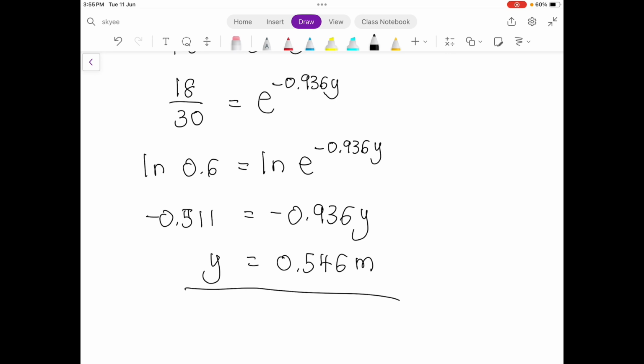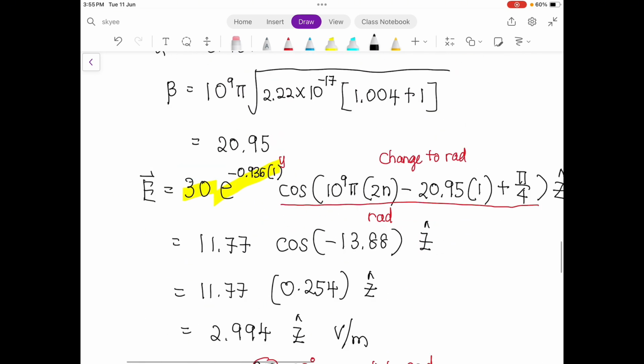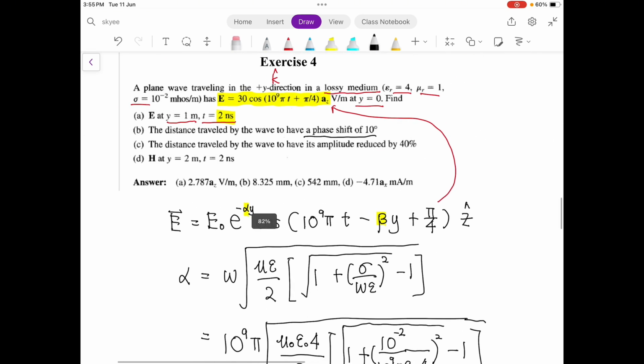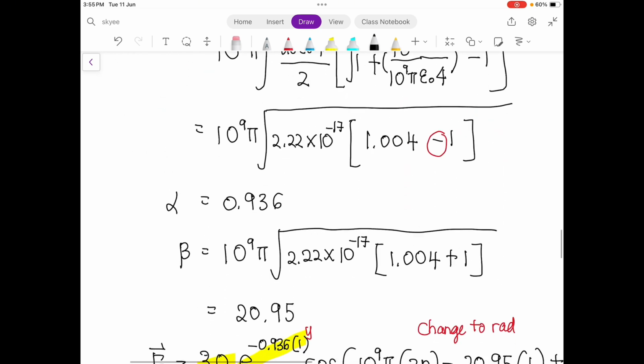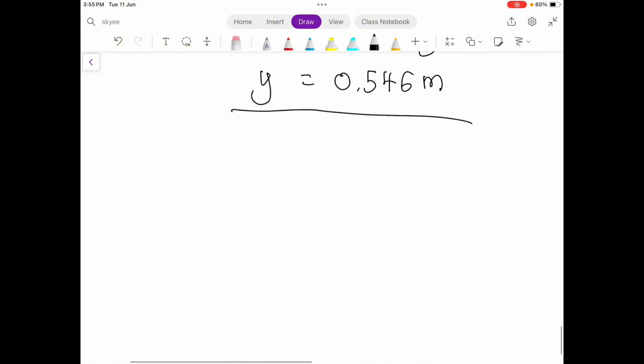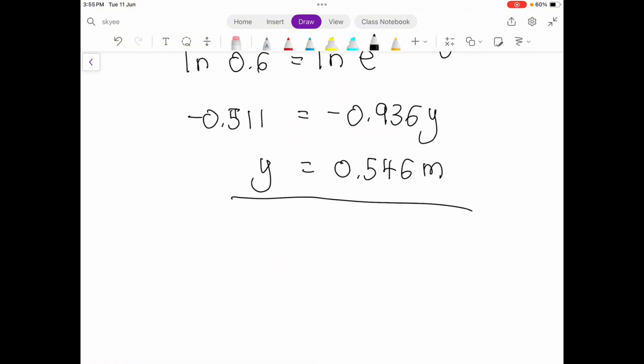Okay, we look at the last one. You need to find H at y equals 2 and t equals 2 nanosecond. H is not given, so you need to find the H. Let's write down the equation for the H, the magnetic field.